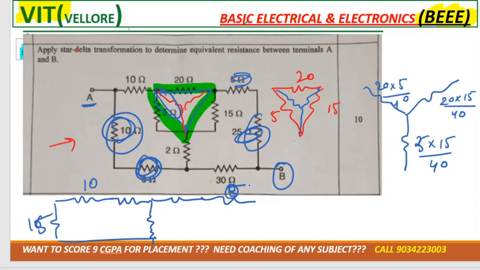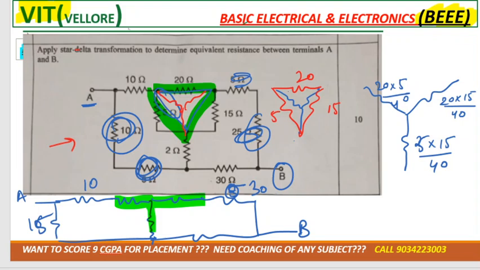It will become 30, right? The down one is also 30. This is A, B, right? So basically this is your star which we have converted. Rest of the things are the same. 10, 10, 15, 15, and this one is 30, 30, this one is 30, 30, and this one is 2, right?